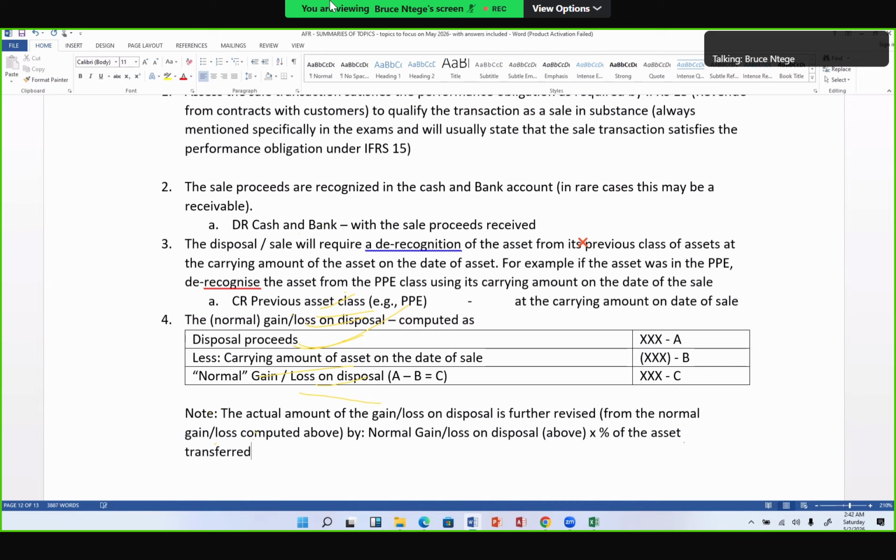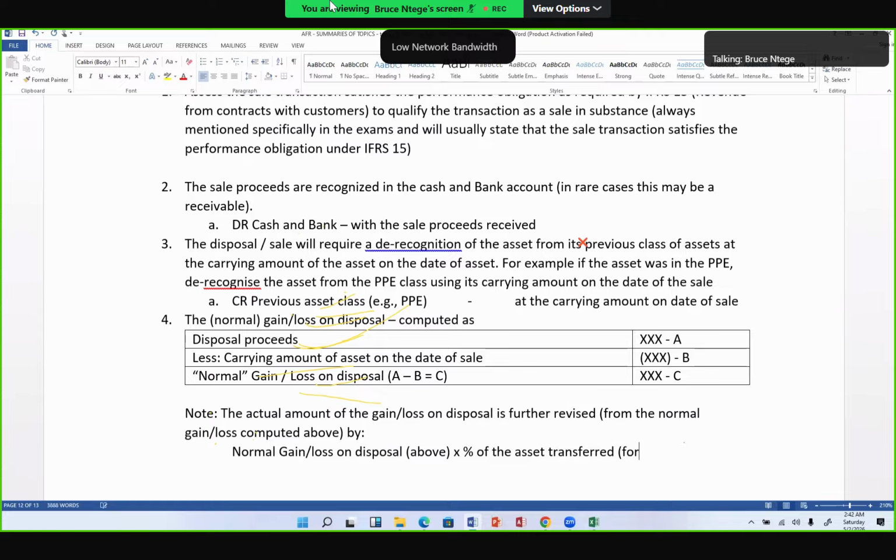That figure is going to be computed using a formula. For that percentage of the asset transferred, you have a working below.